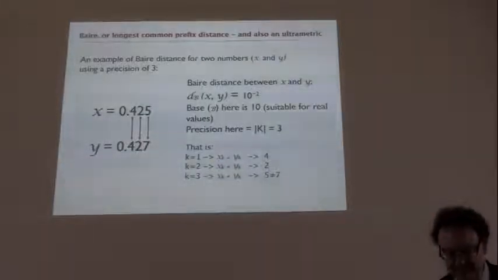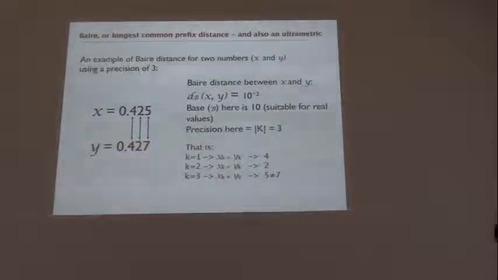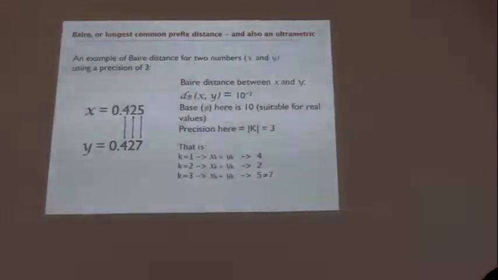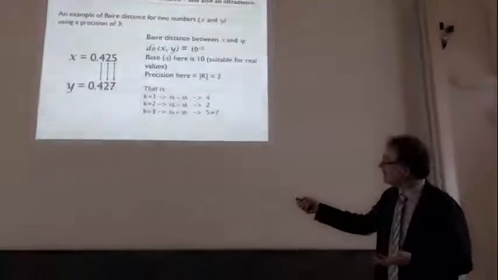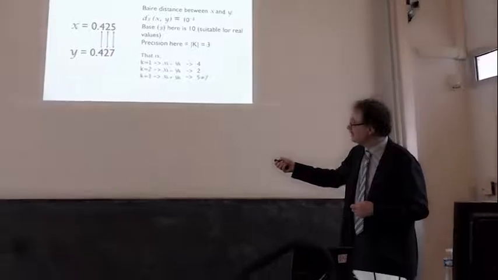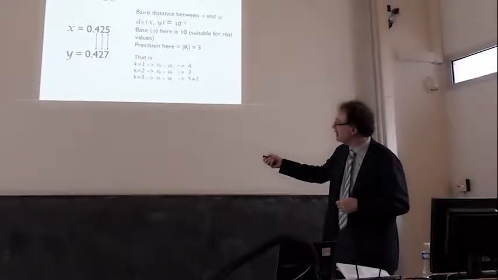To begin with, the Bayer ultrametric, very simply described here, is an indication of how you define the Bayer metric, which is simultaneously an ultrametric. These are just two scalar values, x and y, and by convention we can have them bounded by 0 and 1. Looking at significant digits, we find that 4 is shared by the two numbers, and 2 is shared by the two numbers.